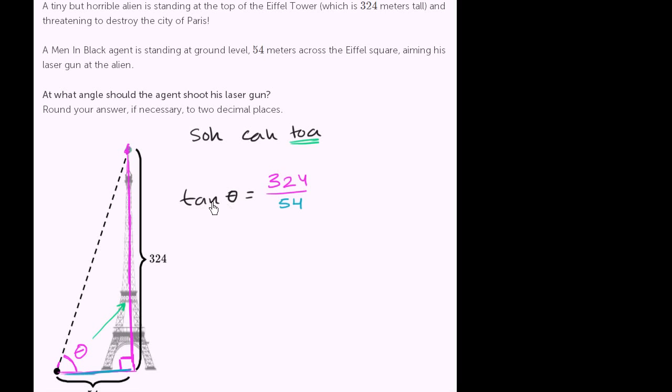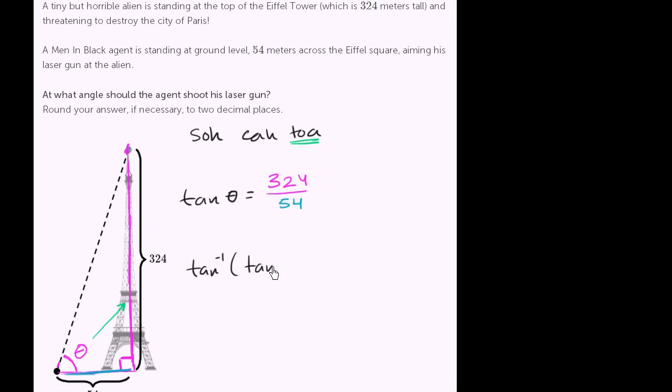So what angle, when I take its tangent, gives me 324 over 54? Well, for this, it will probably be useful to use a calculator. And the way that we'd use a calculator is we would use the inverse tan function. So we could rewrite this as we're going to take the inverse tangent, and sometimes it's written as tangent with a -1 superscript.